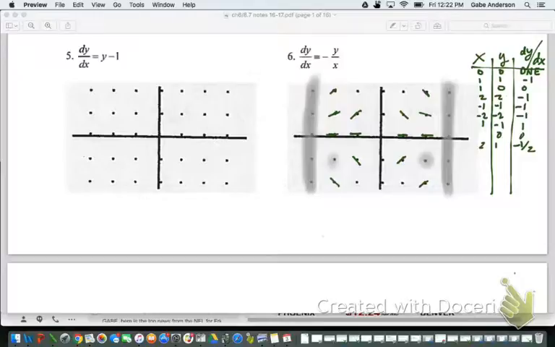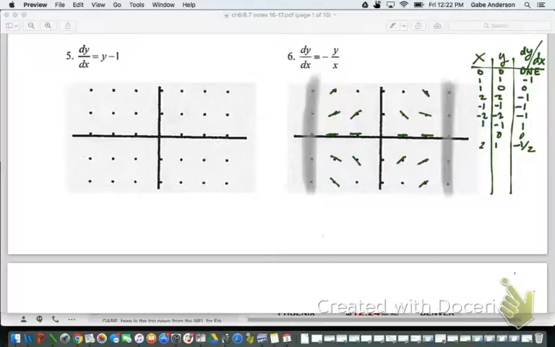Some version of 1 half, right? So in the fourth quadrant there, I would say positive 1/2. And then over here, negative 1/2. Starting to take shape, not too bad.